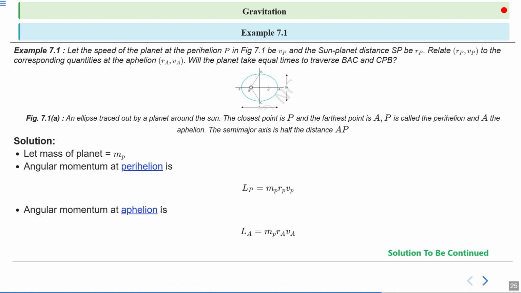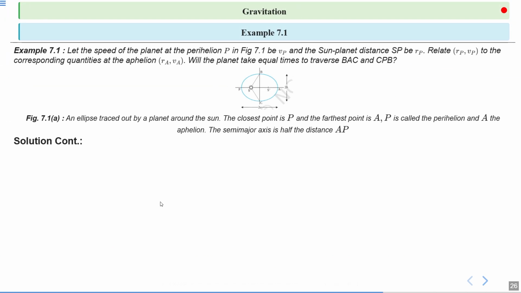All right, so from angular momentum conservation, we express the conservation of angular momentum mathematically: LP is equal to LA. So the equation is mp RP VP is equal to mp RA VA. So mp cancels out, and we can say VP upon VA is equal to RA upon RP.